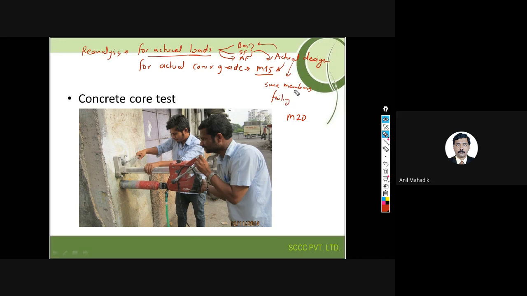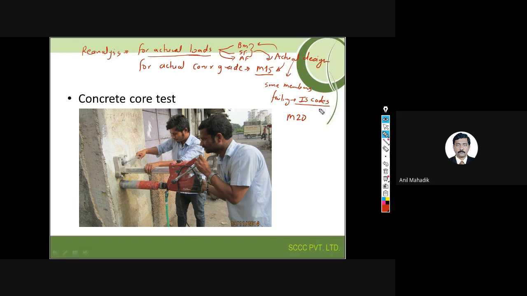many times you will see that the buildings still look okay. Even though there is overloading, you may see that the building is okay. But if some members are failing, it means they don't follow the IS code. If you use IS codes and design the members, there is a possibility that the member is not sufficient to take the load as per the IS code clauses.